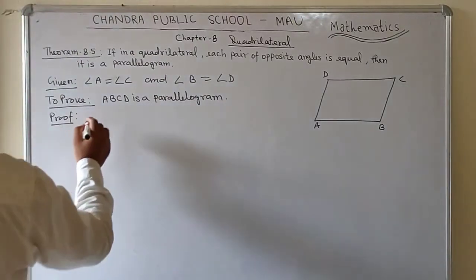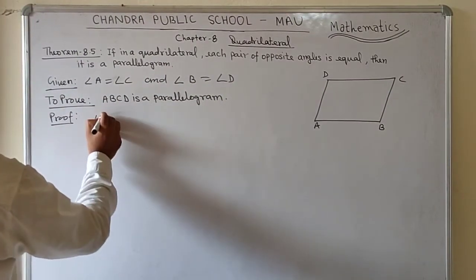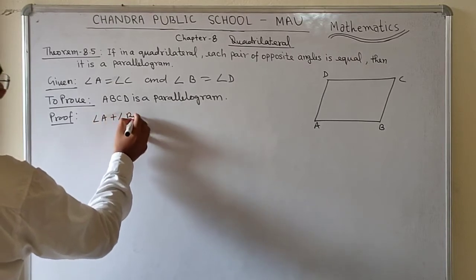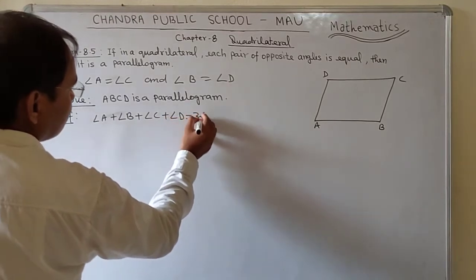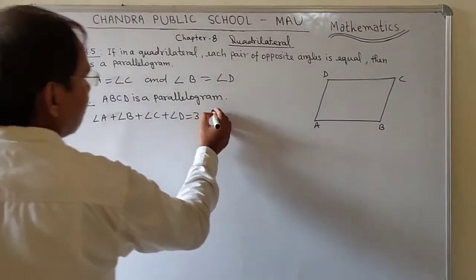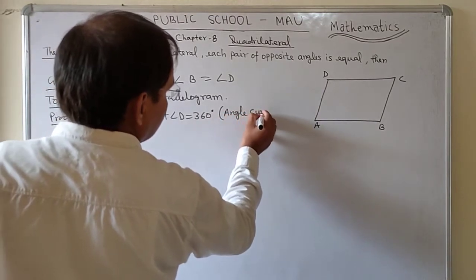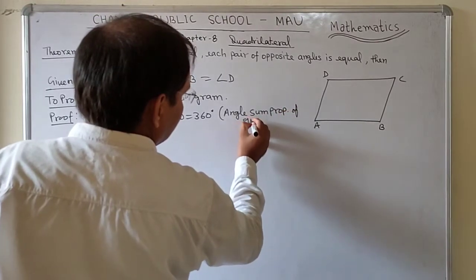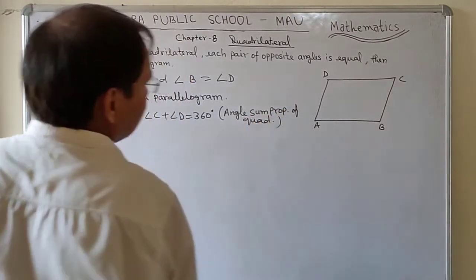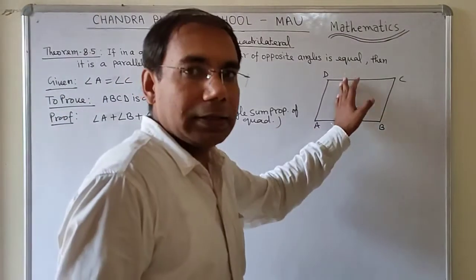So here you can write angle A plus angle B plus angle C plus angle D equals 360 degrees. Reason: angle sum property of quadrilateral. The sum of all four angles will be 360 degrees.